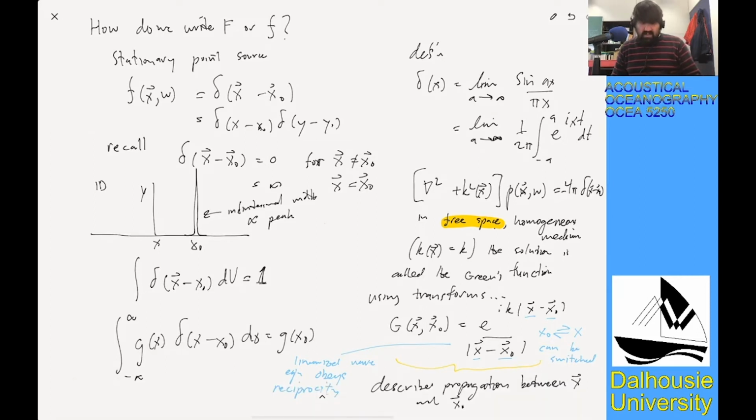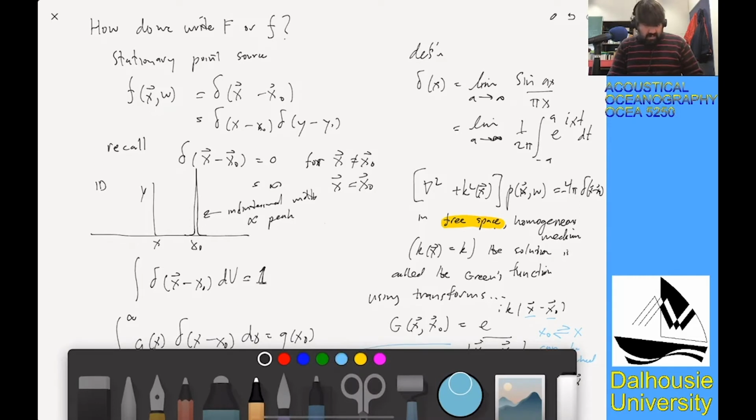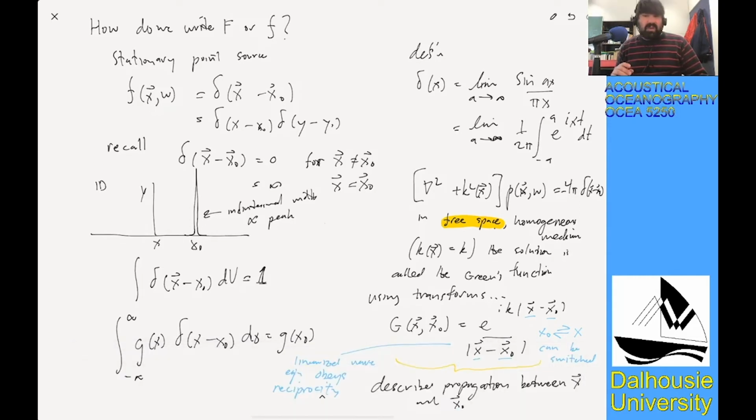This is a very simple but very important result, and basically, if you can hear your neighbors having a fight, they can hear you having a fight. That's what it comes down to. But essentially saying that propagation from x naught to x is the same as the propagation from x to x naught in terms of amplitude and phase. So very key, important piece of information.